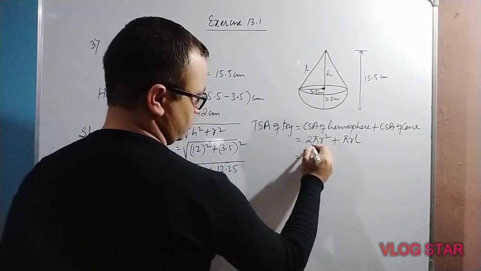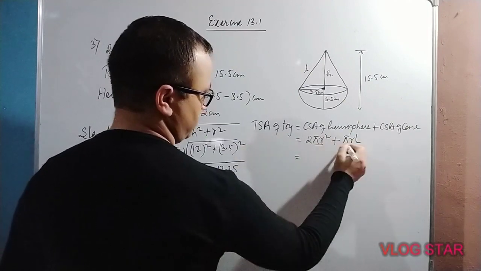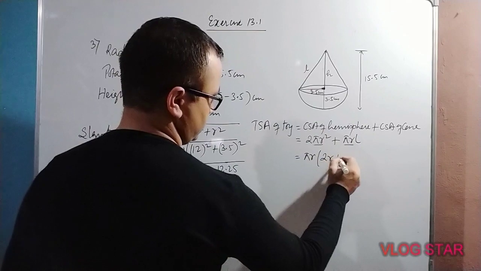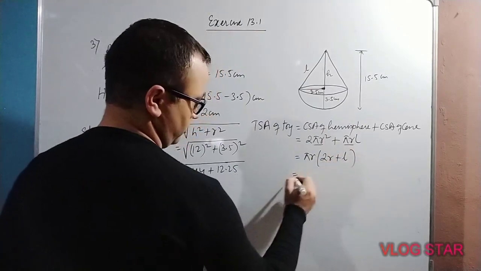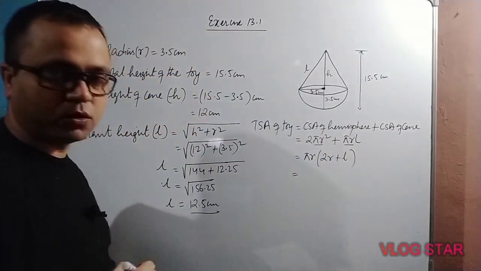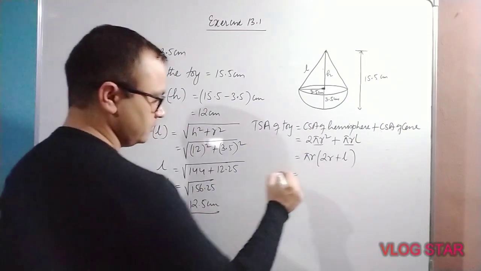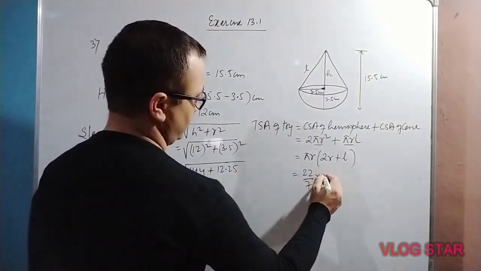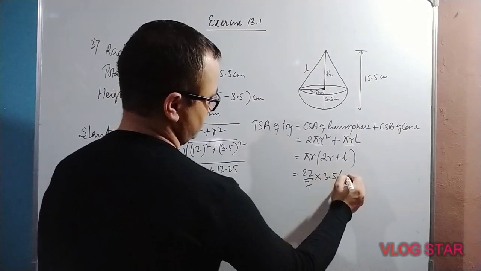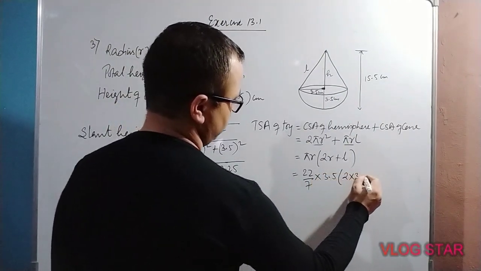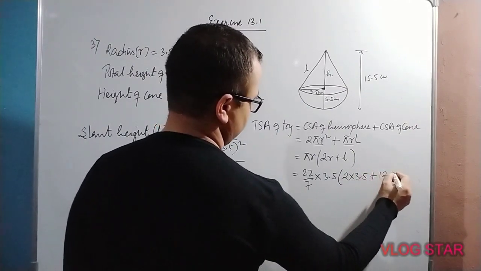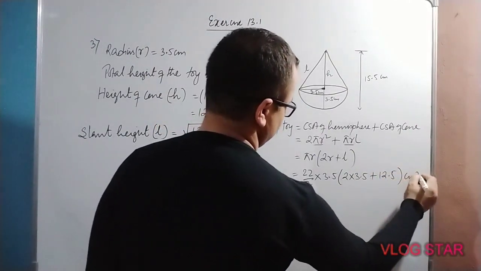Taking pi r common, we get pi r into 2r plus l. Now put the values. The value of pi is 22/7, the radius is 3.5, so 22 by 7 into 3.5 into 2 into 3.5 plus 12.5 centimeter square.